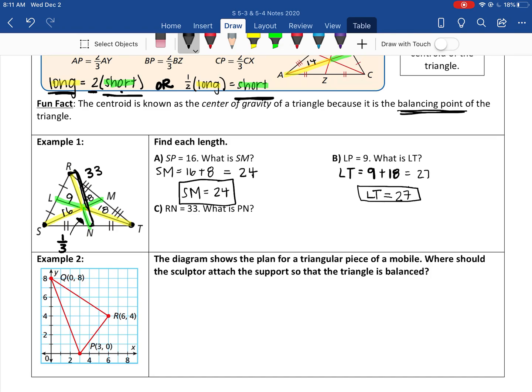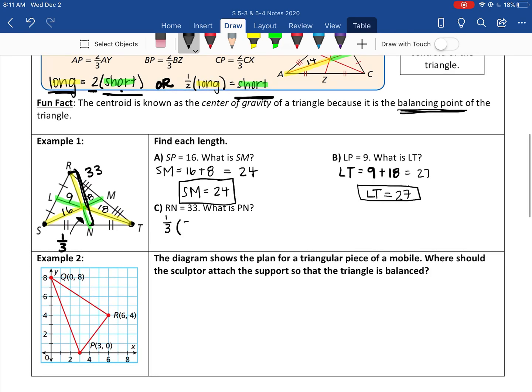The green piece is 1/3 of the whole thing. So if we want to find the green piece, we have to find 1/3 of 33, which is also 33 divided by 3, which is going to give you 11. So you can say that PN is equal to 11.